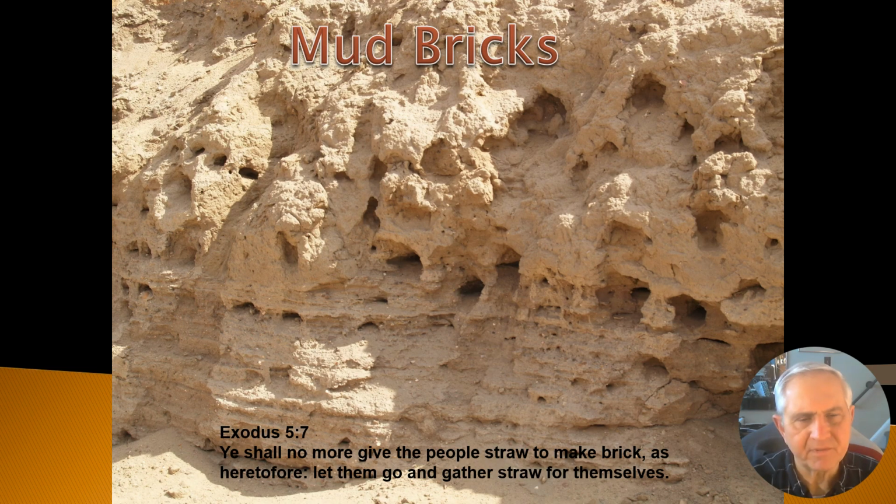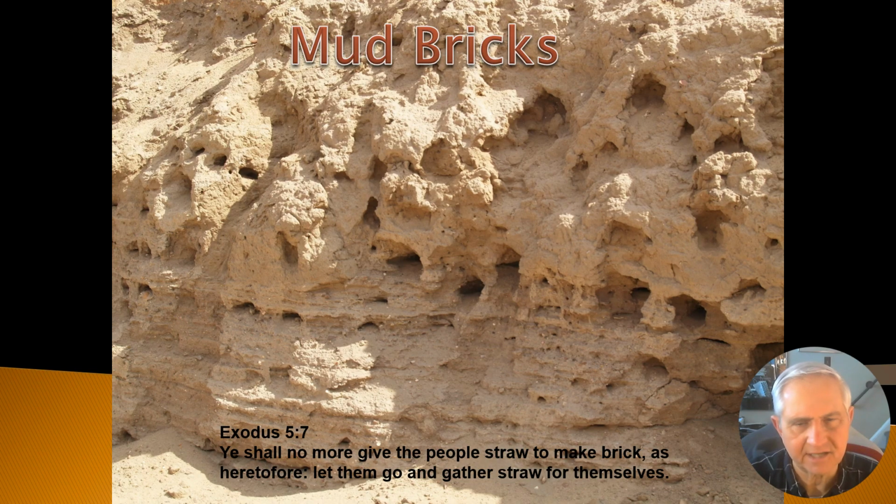Here's a close-up of the mud bricks that were there. And in Exodus chapter 5, verse 7, it says, "Ye shall no more give the people straw to make brick, as heretofore. Let them go and gather straw for themselves." And some have mistakenly taken this to mean that they had to make bricks without straw.